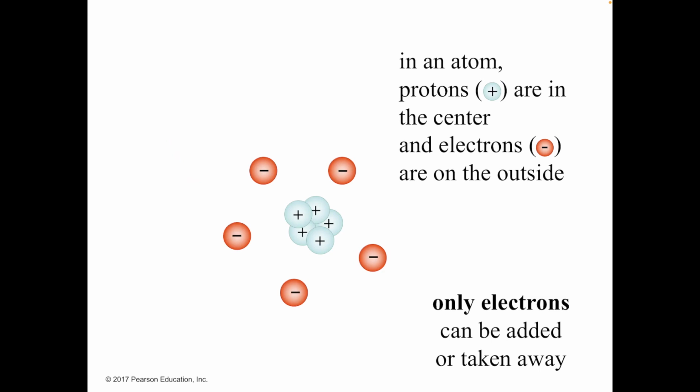Only electrons can be added or taken away, right? We know that the number of protons identifies the atom, right? So if we change the number of protons, then we are changing which atom this is. So make sure that you're never changing the number of protons because you're going to change the atom. So only electrons can be added or taken away.